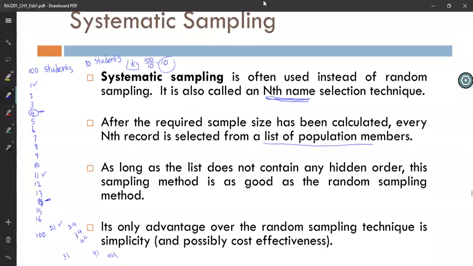You can use systematic sampling even if you do not know the population size. That actually comes under kind of non-probabilistic sampling, but you can use it under systematic sampling also.